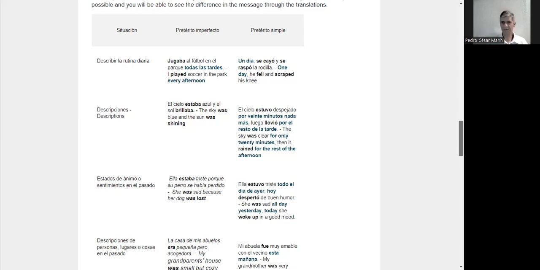Then it rained for the rest of the afternoon. I was pretty clear. I was very descriptive. You see the difference with the other one? The sky was blue and the sun was shining. I don't even mention the moment. That's not important. With the other one, it's 100% important. Otherwise, the sentence will be not complete.